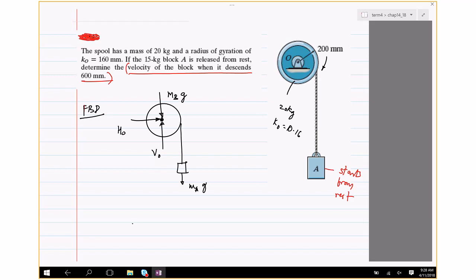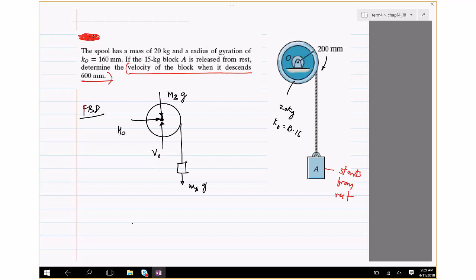But these forces essentially don't do any work. They are applied to point O, and that point O doesn't move. So they don't really contribute towards the work done. So you can safely assume that those forces are not to be counted against the external forces. So ignoring those, there are no non-conservative forces, no external moments, no external forces, and no friction forces.